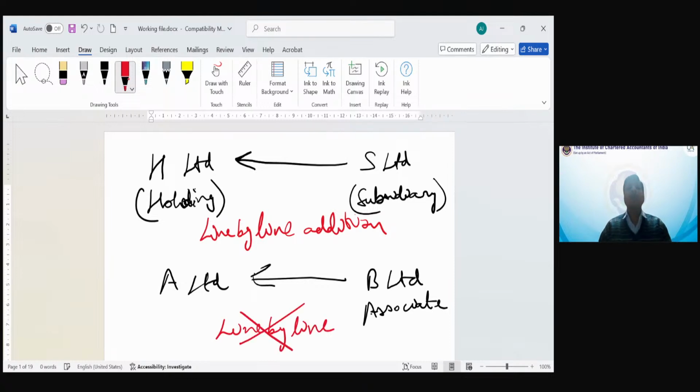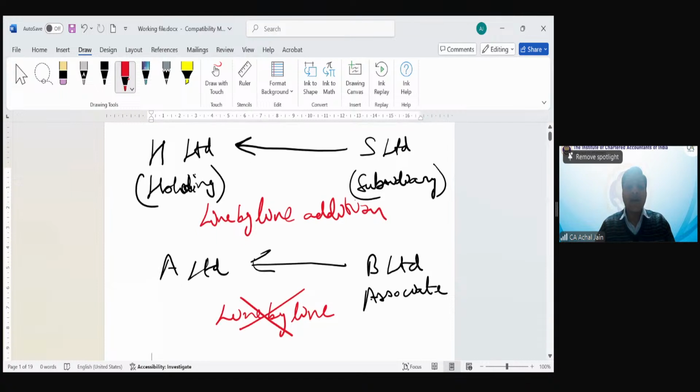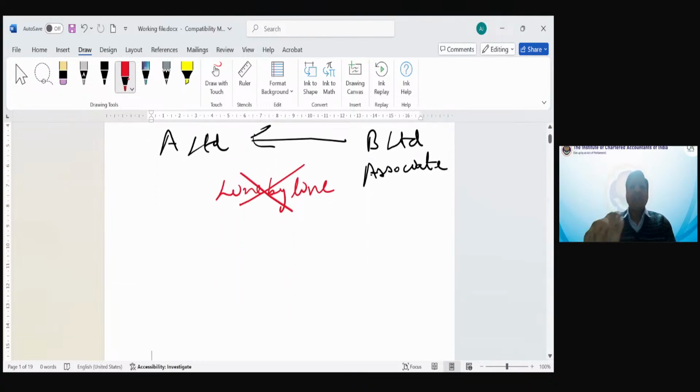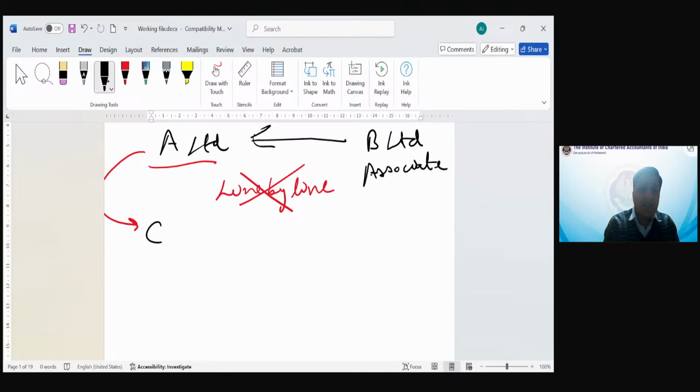So this will not be followed. Please don't think we'll follow the same approach. In this case, what is required to be done? It is very, very simple. A Limited in its CFS, so I'm talking about CFS, will simply record one line item. What is that? Investment in B Limited.